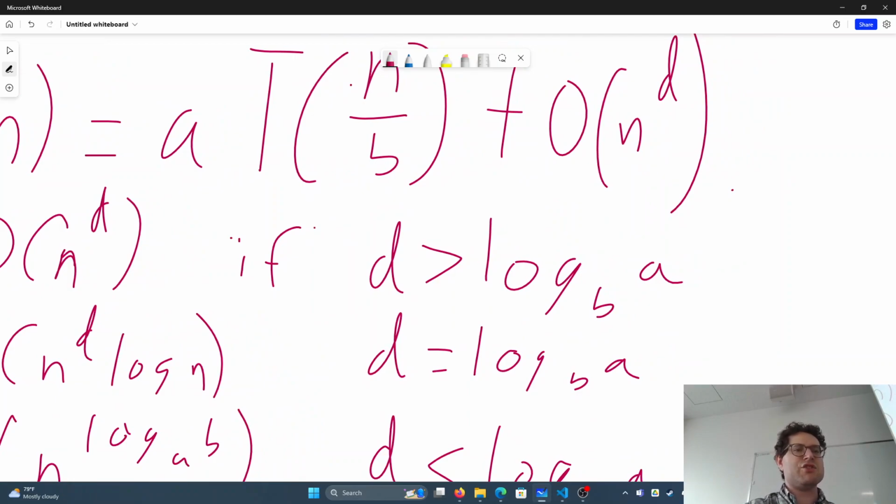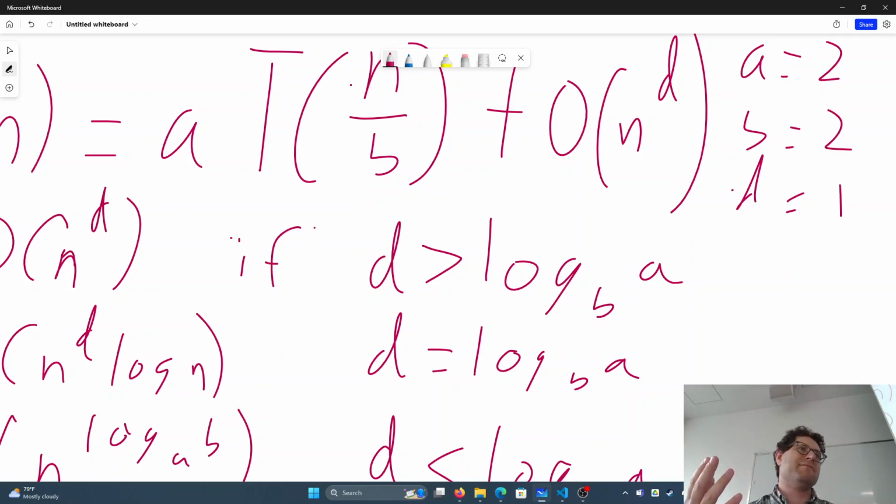A was 2 and B was 2, right? For merge sort, the recurrence was 2T of n over 2 plus n to the first power. In those cases, A was equal to 2, B was equal to 2, D was equal to 1, and so log B of A, log base 2 of 2, is 1, right?